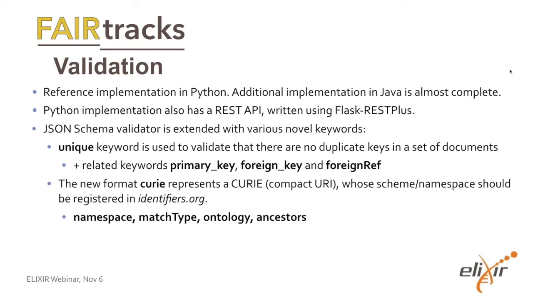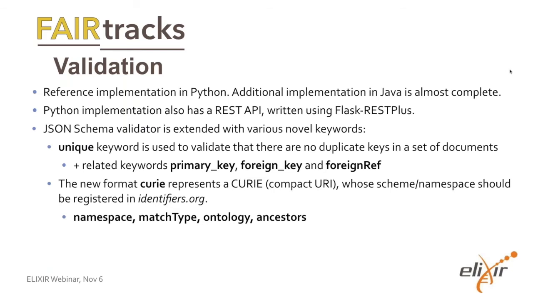So we ended up doing much of our own validation because of time limitations. We have created a reference implementation in Python and soon Java. There's the REST API where we can provide JSON documents and get validation results.